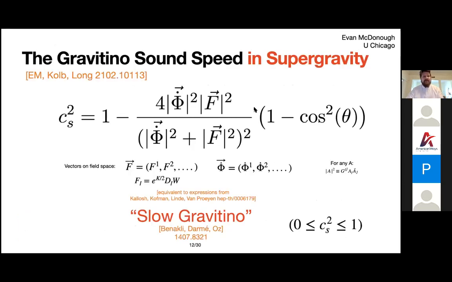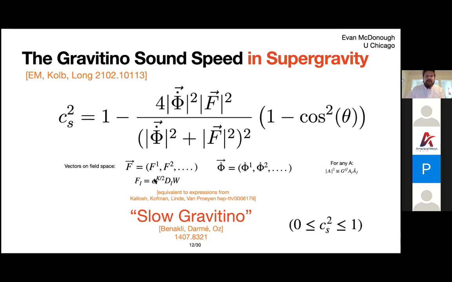You can work out expressions for how the sound speed looks in various supergravity setups. Here's one simple form, out of an infinite number of ways you could express it, which provides some geometric interpretation of the sound speed of the Gravitino. You can define a vector, which is the field space evolution along some direction in field space. And for the SUSY breaking, I can write down the F term of each field, so I can find a vector in field space that is the SUSY breaking.